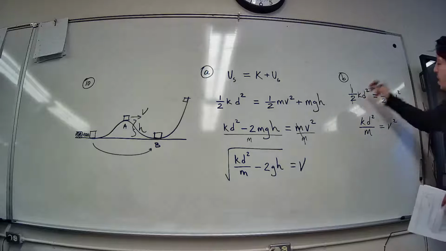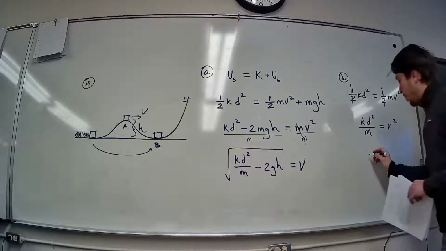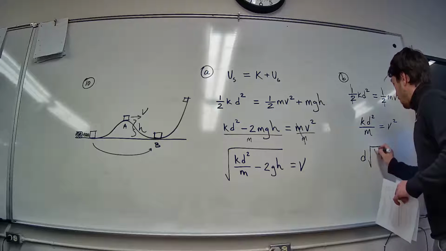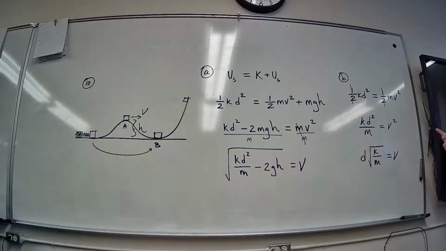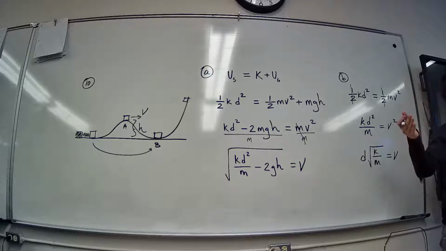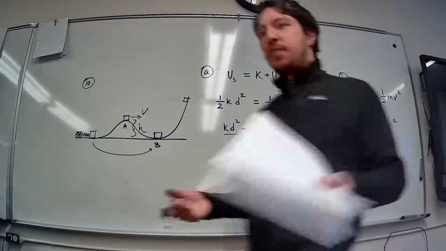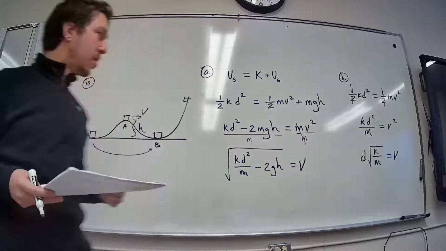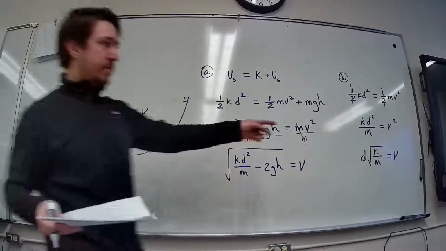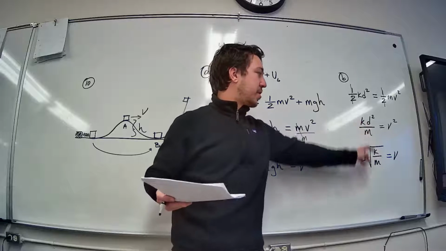This was the answer that we got when we found the velocity of the block right after it was released by a spring. What question was that? It was like 7 or something like that, one of the ones we did the other day. Are we okay algebraically from here to here? How come the d squared turns into d?